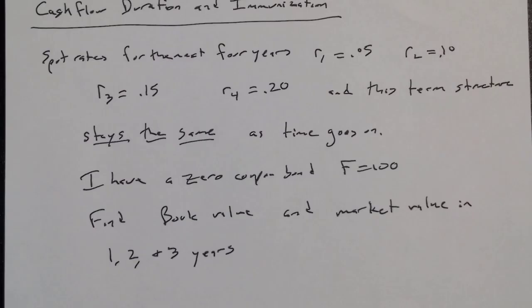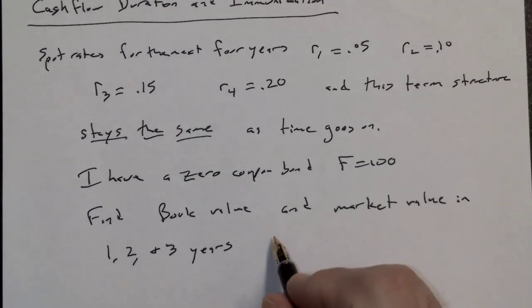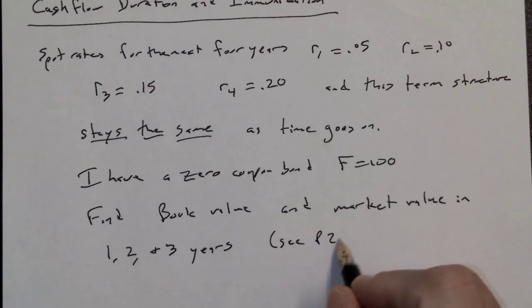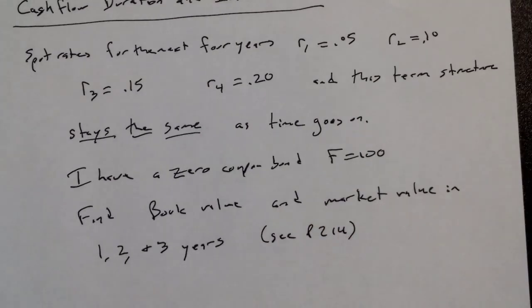Okay. Book value and market value were discussed back in chapter 4. That's page 214. Let's think about right now, present value.